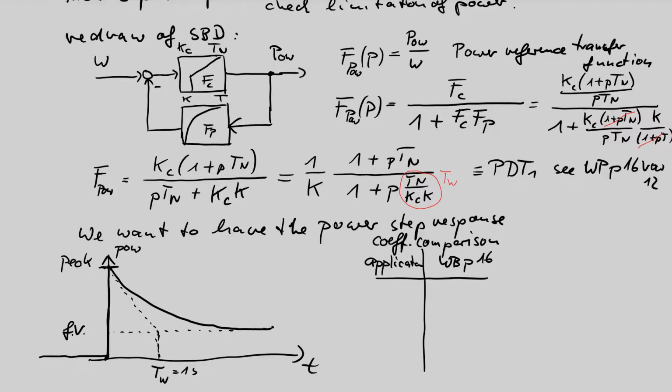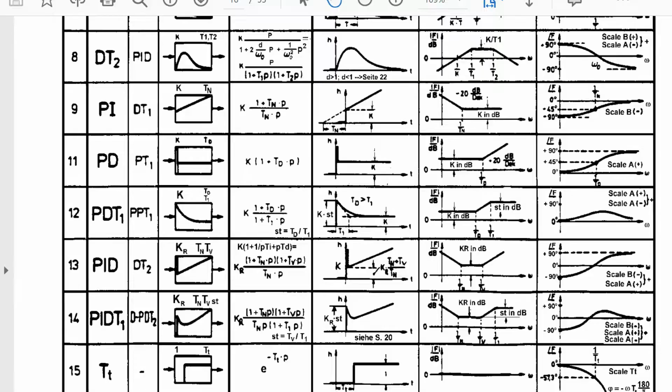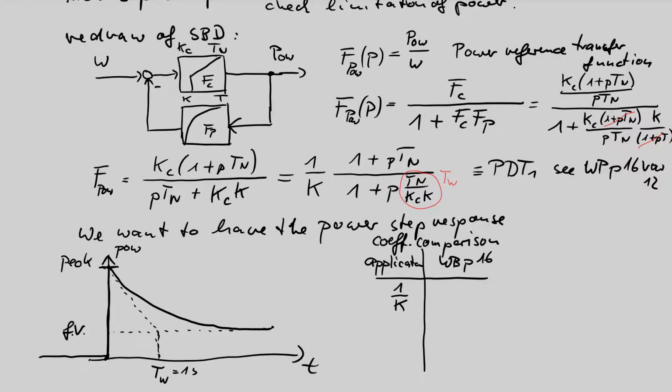In my application, for example, I have a 1 over k as the k factor in front of my quotient of two polynomial functions. In workbook page 16, I have the name k. So you see, that is a small problem. What I call here 1 over k is here called k. So we have to be careful.